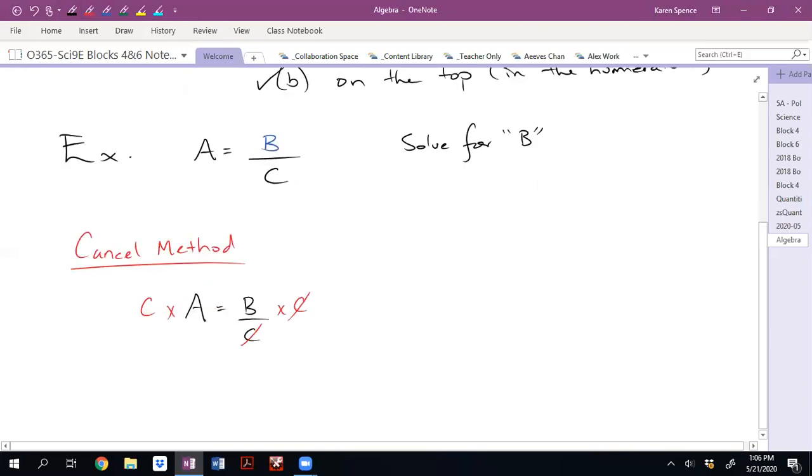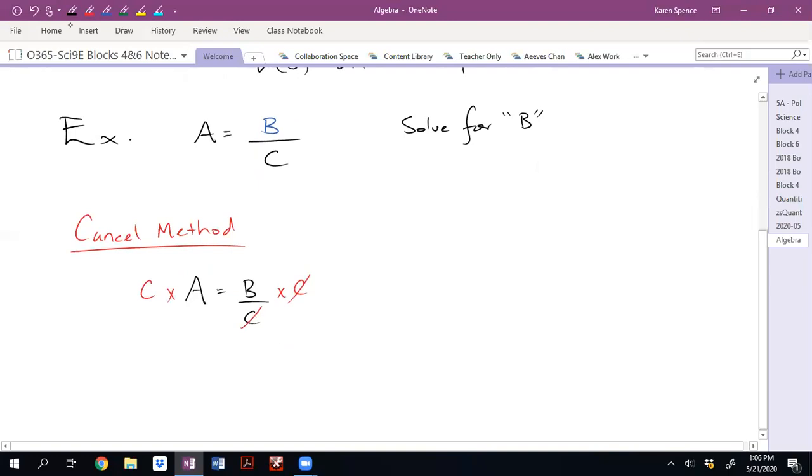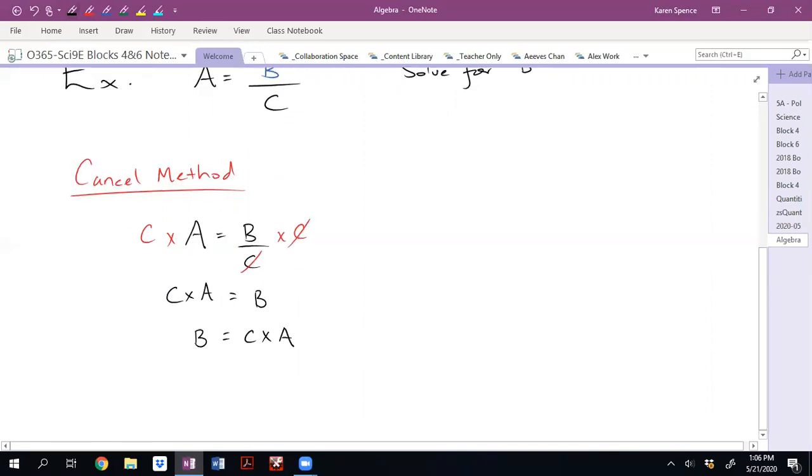That will leave me with B is equal to C times A, but I will usually rewrite it as B is equal to C times A, because I will be solving for B. If you remember last week, we had velocity is equal to distance over time, and I wanted the velocity on the left-hand side of the equation.